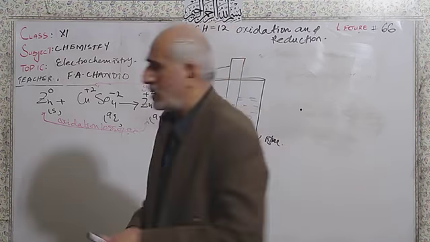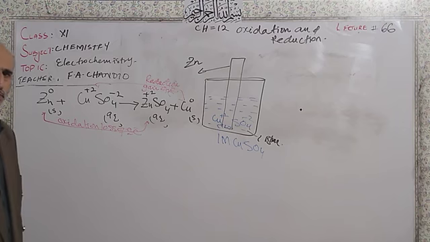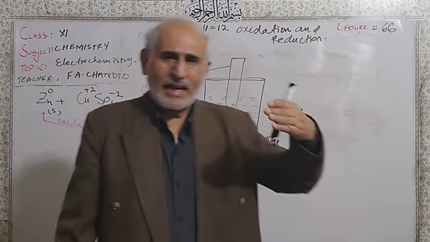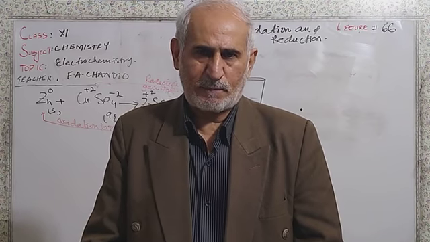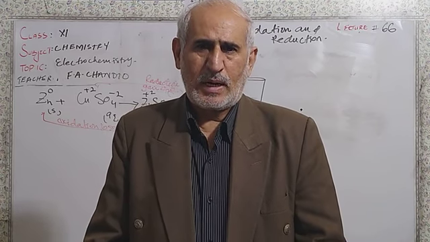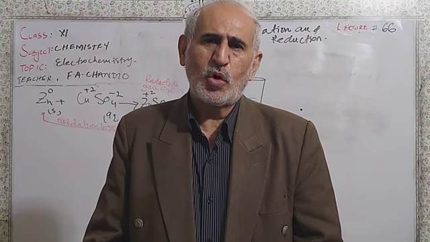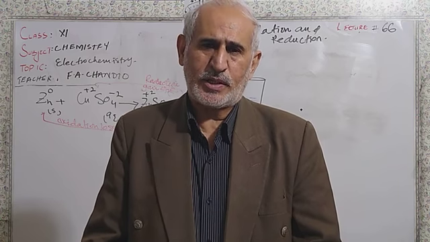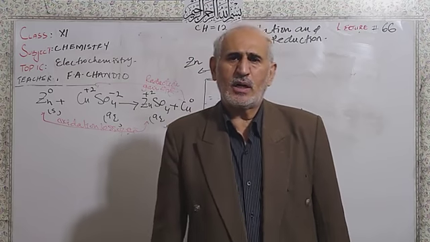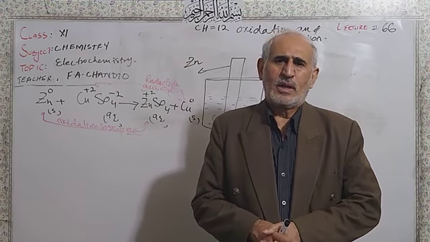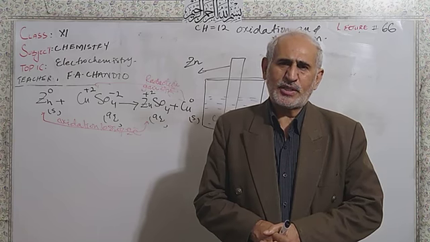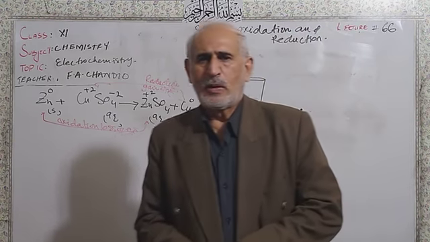Zinc is more active or reactive than copper. Zinc has a more negative reduction potential, and copper has a more positive reduction potential. If you look at the electrochemical series table, all the reduction potentials are given.